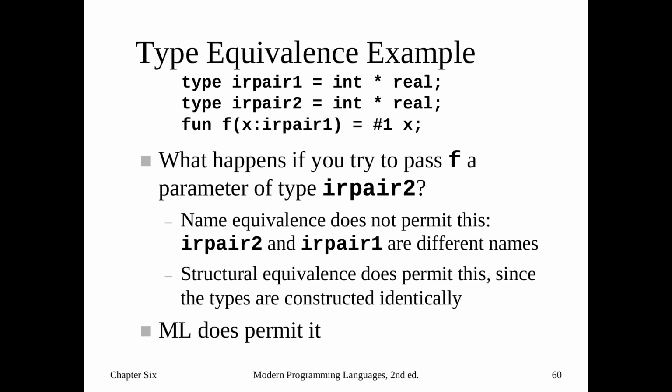Name equivalence would not permit this, because they're not the same names, but structural equivalence would. And interestingly enough, ML would permit it, because it's looking at the underlying structural type. It doesn't care what the name is. It just cares that the type matches.